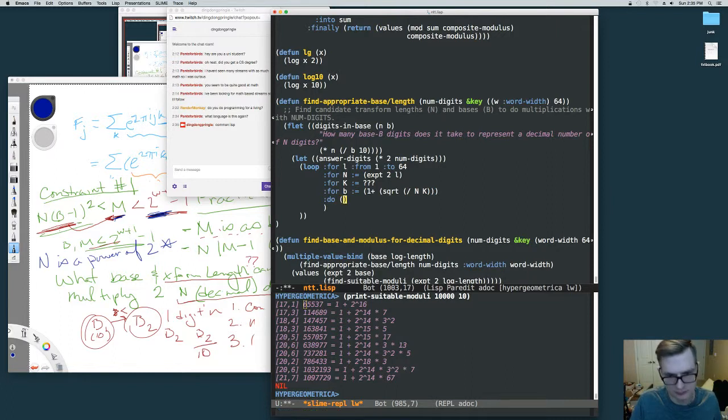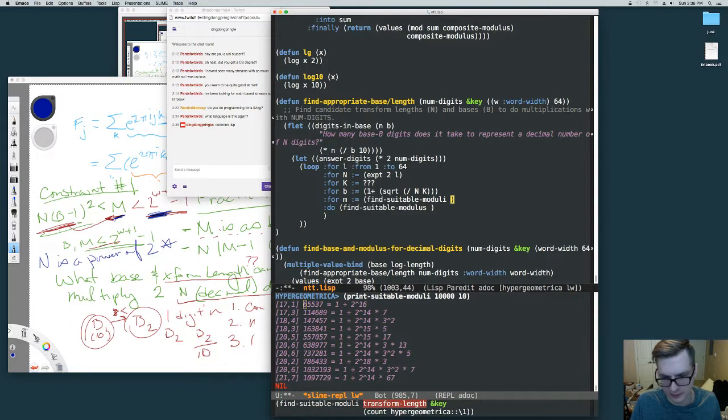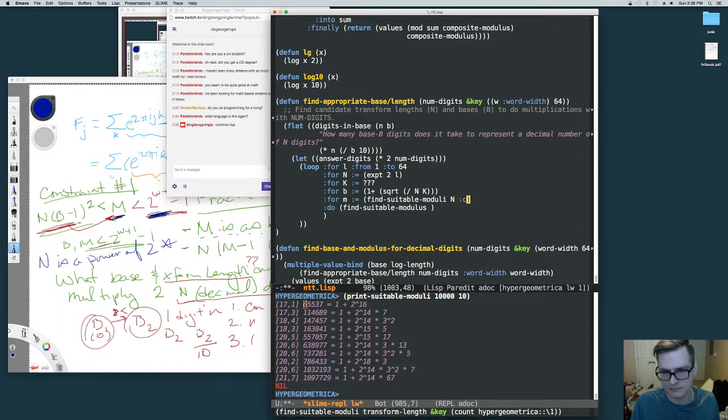So find suitable modulus. Let's do for m equals find suitable modulus, or moduli, and our transform length is now purportedly n, and we'll just do a count of 1.